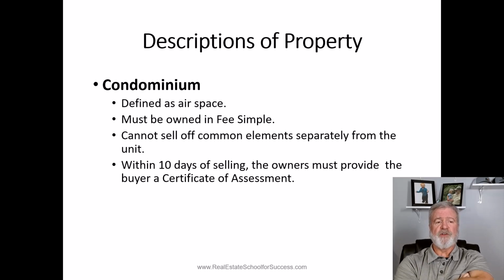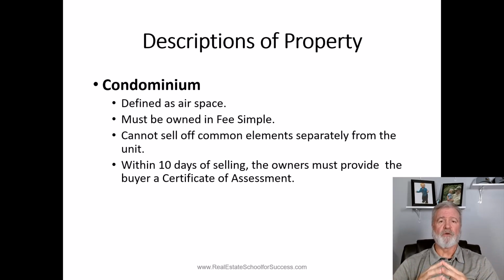It also says here, if you own a condo, you cannot sell off common areas separately from the unit. I don't know why anybody would want to do that anyway. But, for example, maybe there's a community pool, and obviously part of your regime fees when you own a condo might go towards the maintenance of the pool.